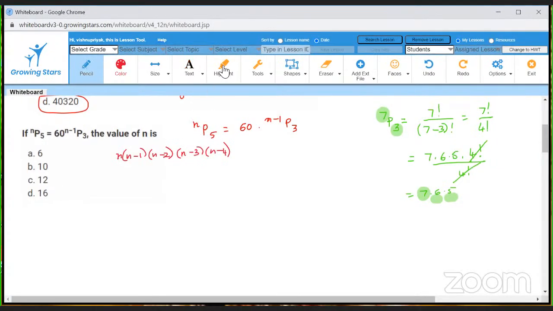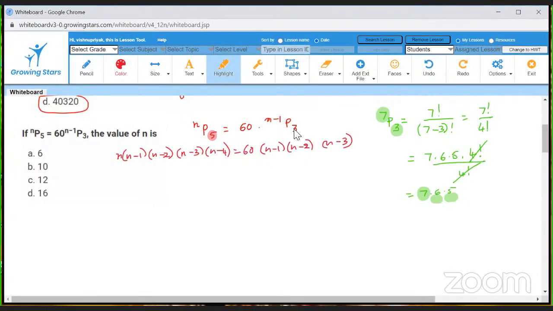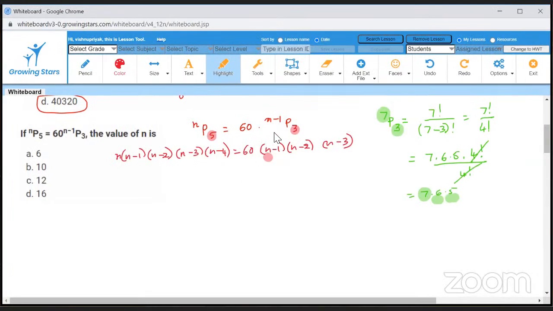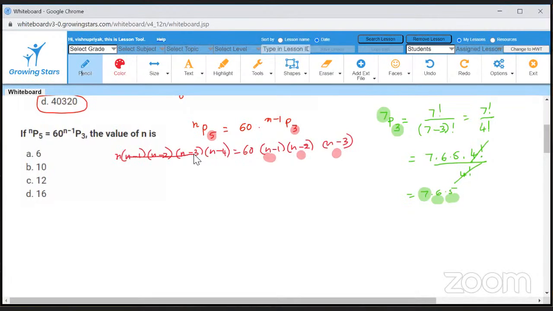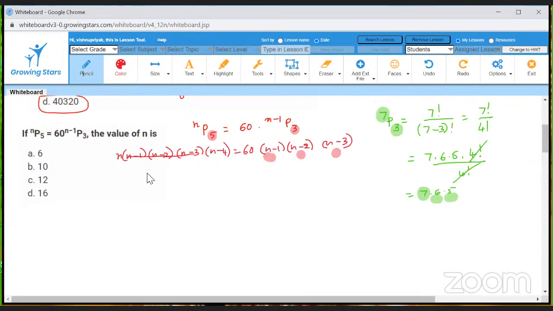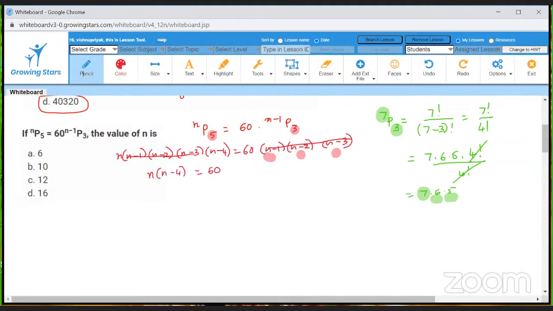Total 5 numbers you are taking because 5 is there. Equal to 60 into, start with n minus 1, n minus 2, n minus 3. We are taking only 3 numbers here, because down you have 3. Like this, if you do, you can make the process very quick. So both the sides n minus 1, n minus 2, n minus 3 cancel. n into n minus 4 equal to 60.